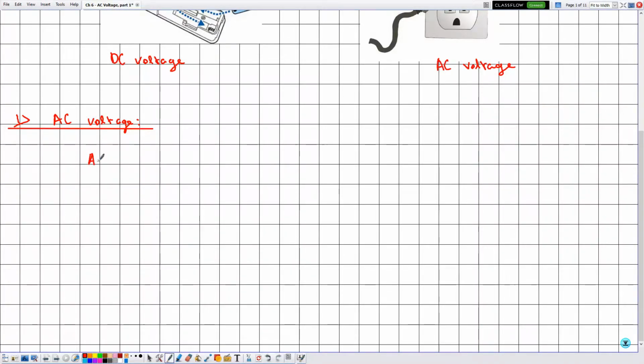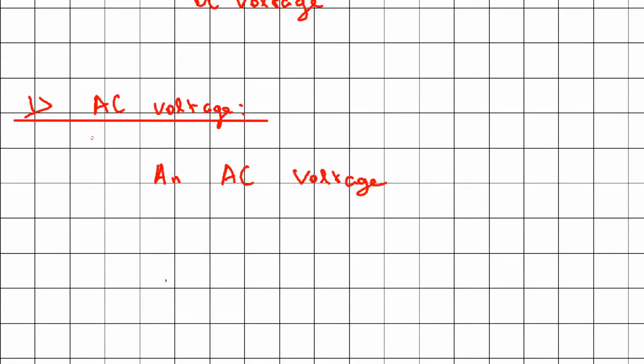So an AC voltage. Previously, DC stands for direct current.